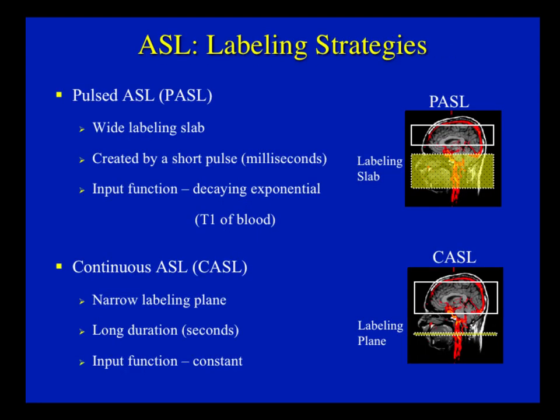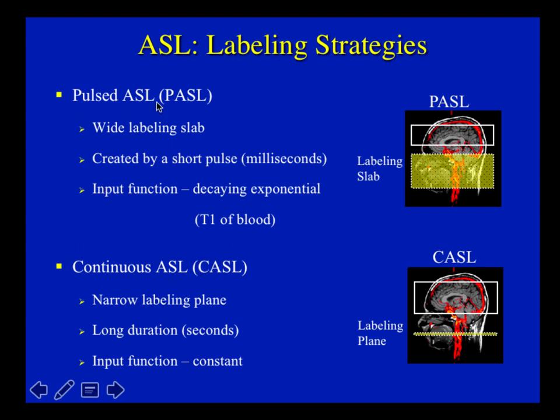Okay, so now let's look at the different ways of how to tag the blood signal. Depending on the strategy that you use to tag or label the blood magnetization, we call those experiments pulsed ASL or continuous ASL experiments.